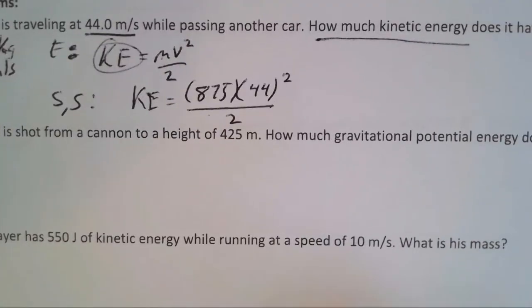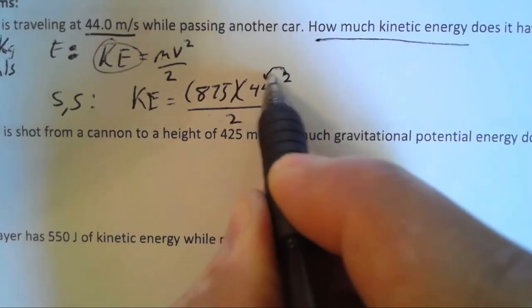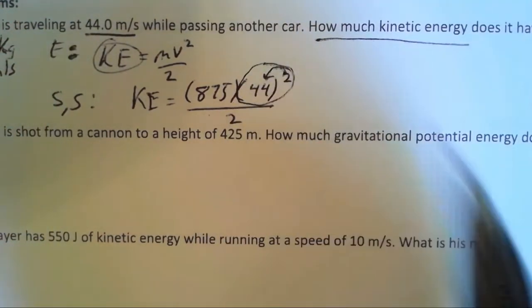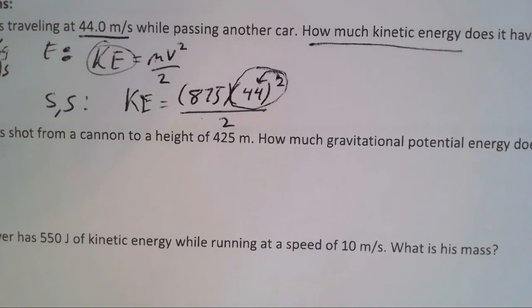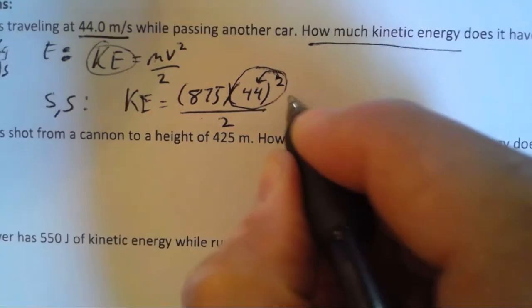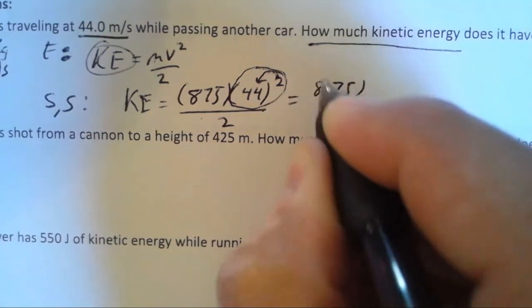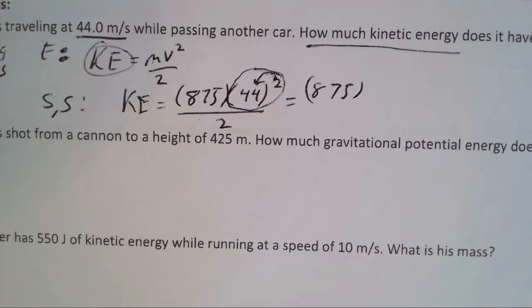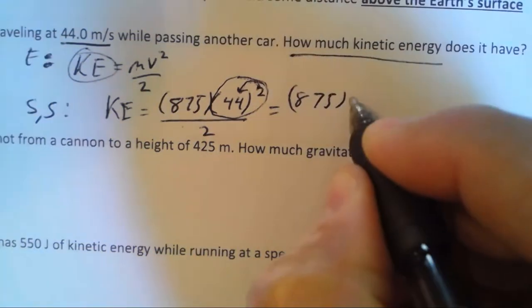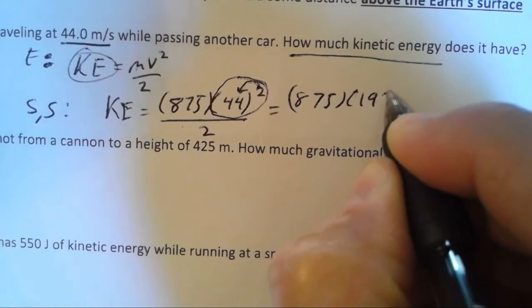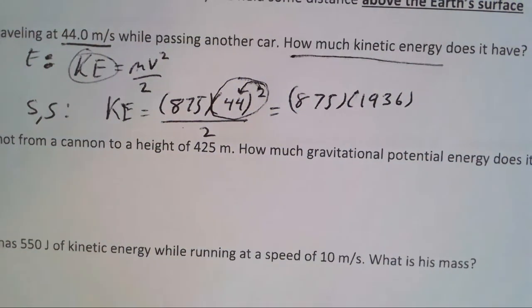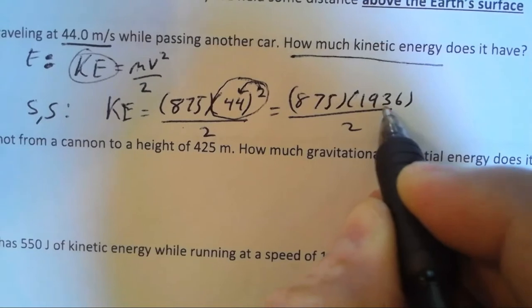Now remember PEMDAS. Squared only applies to the v, and this is the first thing we have to do. You have to square the 44 first. If you do that, the 875 stays the same because the 44 is the only thing that gets squared. 44 squared is 1,936. Put your 2 on the bottom.